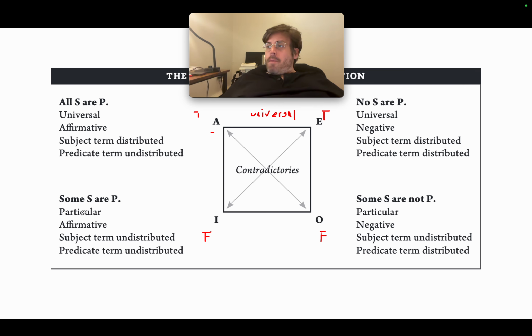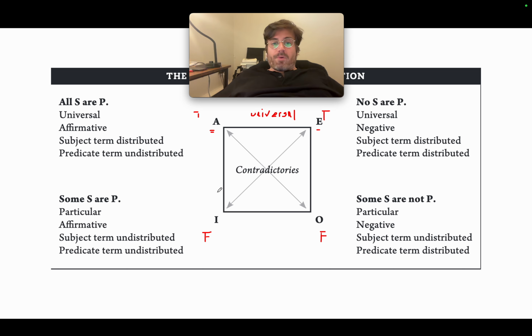Okay, so please, if you haven't already, draw this square of opposition and make sure you write our letters in this exact arrangement: A on the upper left, E on the upper right, I in the lower left, and O in the lower right. And then do draw out the arrows that indicate contradictories, A to O and E to I. Don't worry so much about the distribution notation here.